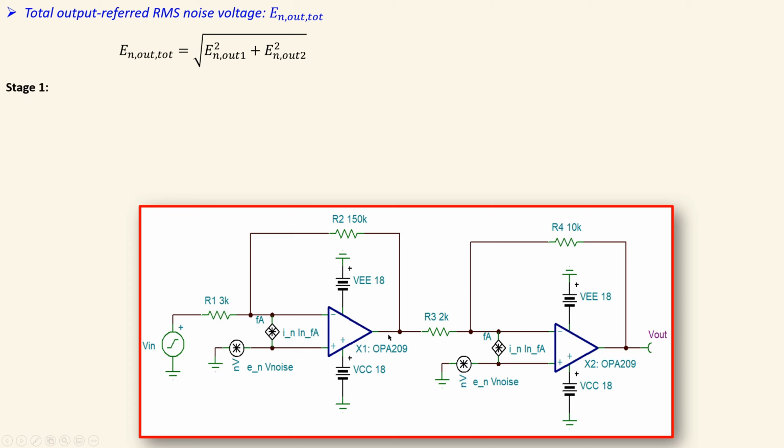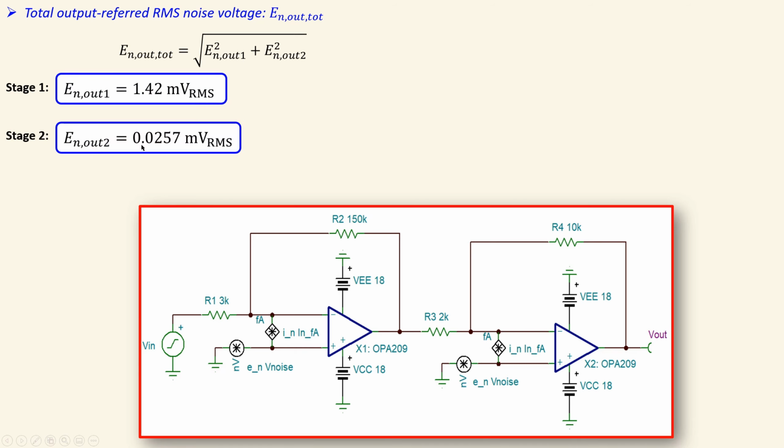For the first stage, we have this value already calculated, and for the second stage, we have this value. If you substitute these two in here, you will have this expression, and that will be again very close to the largest one, which is, in this case, exactly, due to the rounding off errors, 1.42 millivolts RMS.